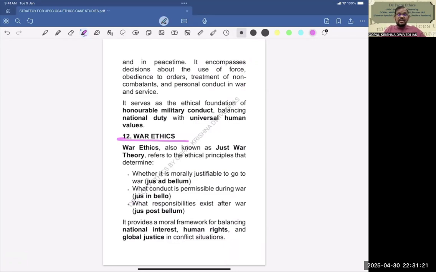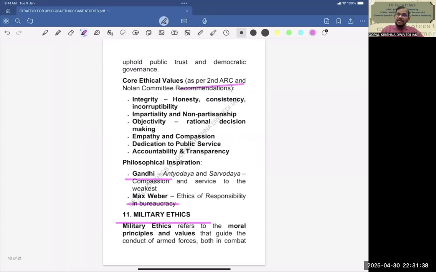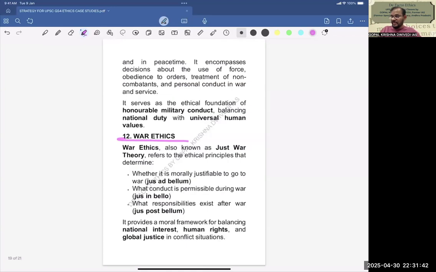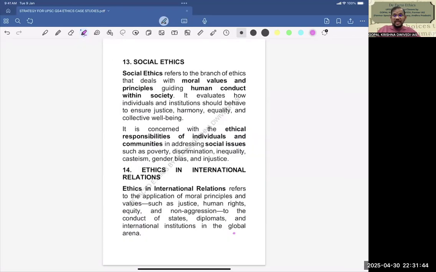War ethics refers to ethical principles that determine whether it is morally justifiable to go to war, what conduct is permissible during war, what responsibility exists after war. So all this comes up in war ethics. Whereas in military ethics, basically the conduct of armed forces during peace and war is covered in military ethics.